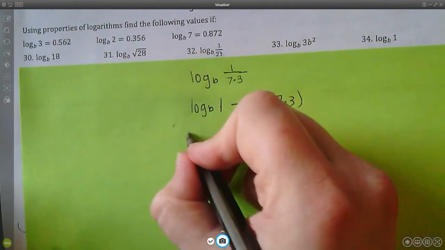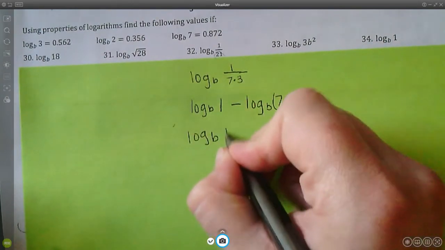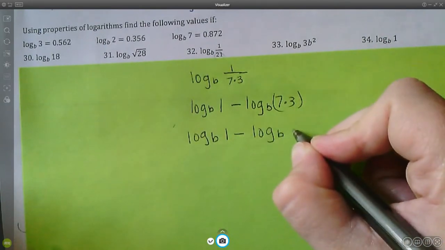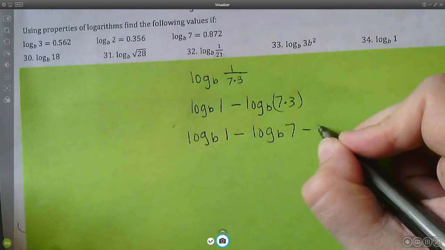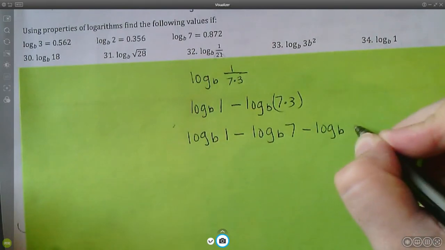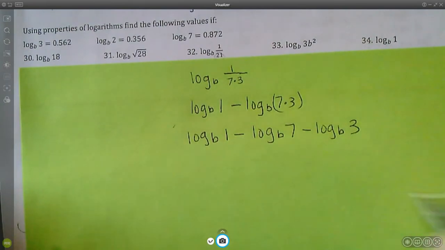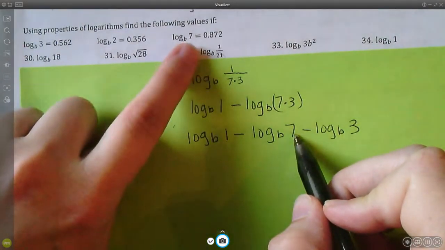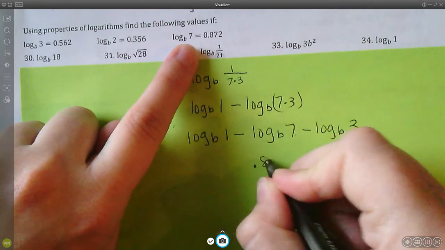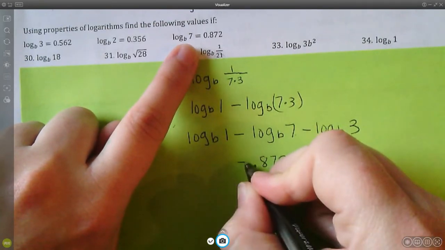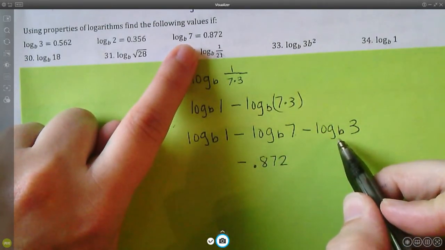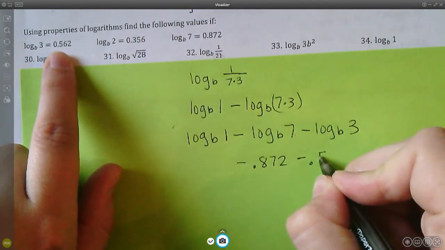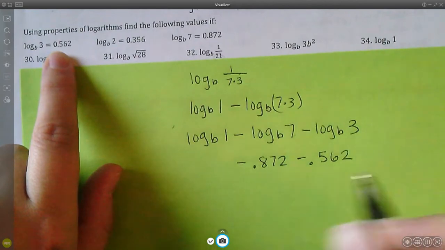And then you can rewrite it as log base b of 1 minus log base b of 7 minus log base b of 3. And then we know that log base b of 7 is 0.872, and we know log base b of 3 is 0.562.